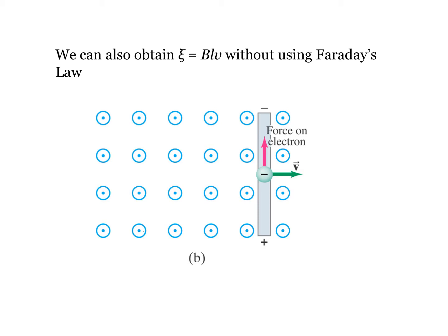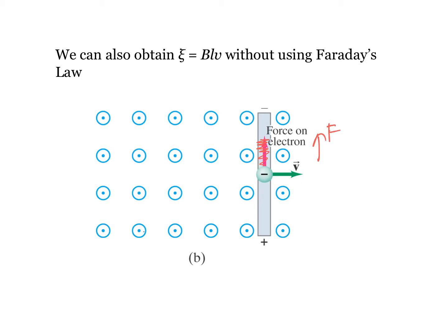For example, if I didn't give you the direction of force here, please find it by yourself. We are going to use the right hand rule also. The V over there for the electron, remember we have to change the direction, is to the left, and the direction of the magnetic field is toward the page, so the direction of the force is going to be upward.